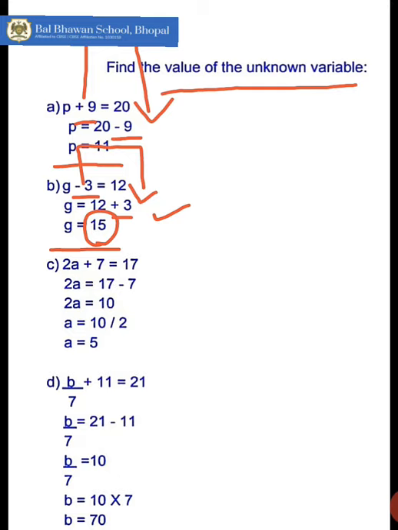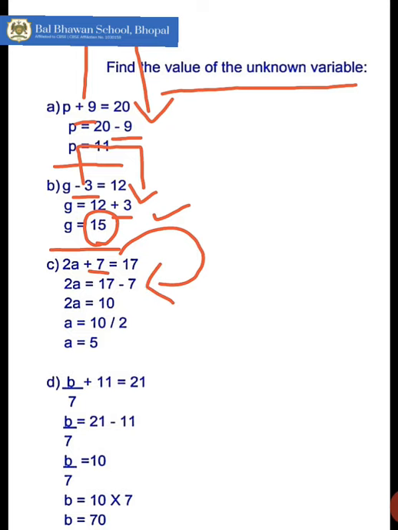Now the next question, let's see. It is 2a plus 7 is equal to 17. Now children, here 2a means 2 into a, so they both are closely attached. So first let's move plus 7 to the right hand side.